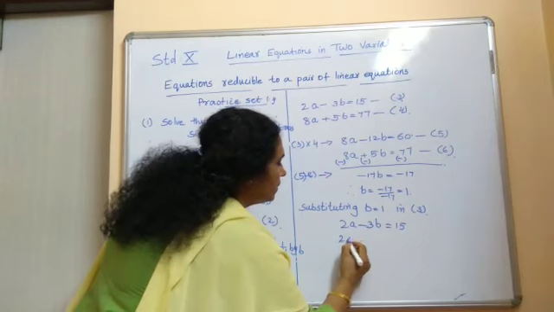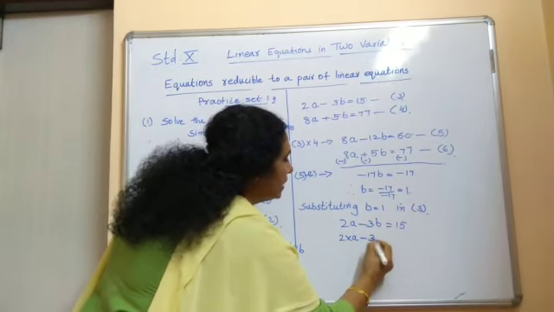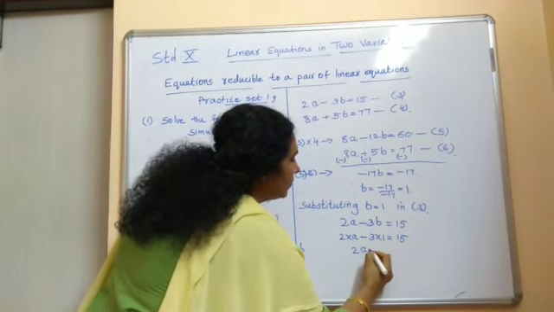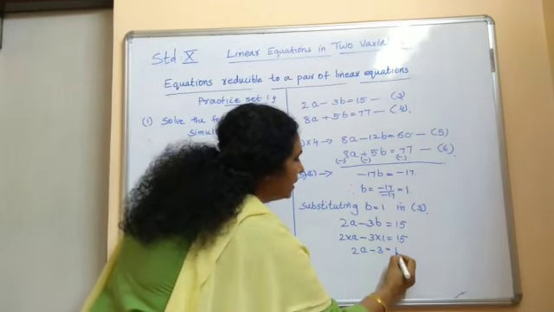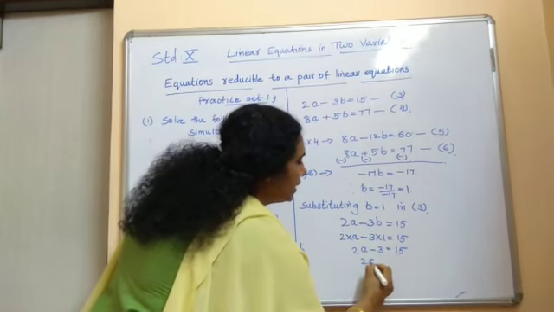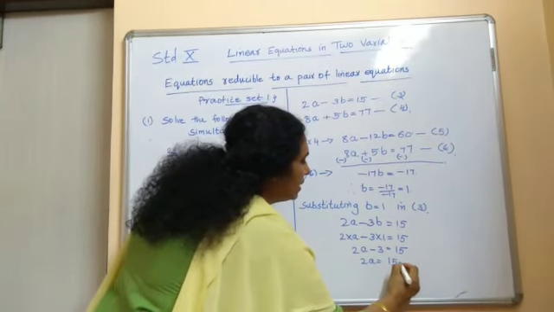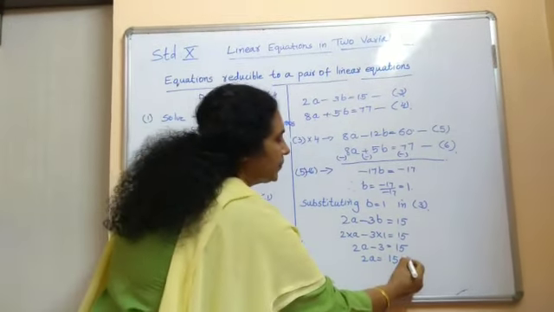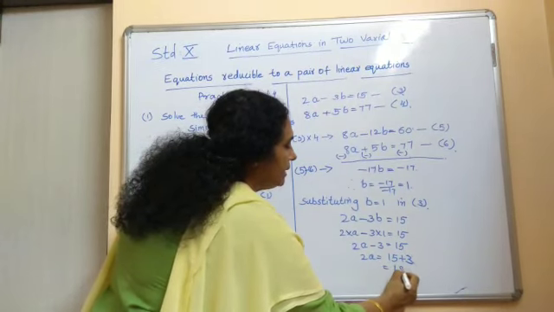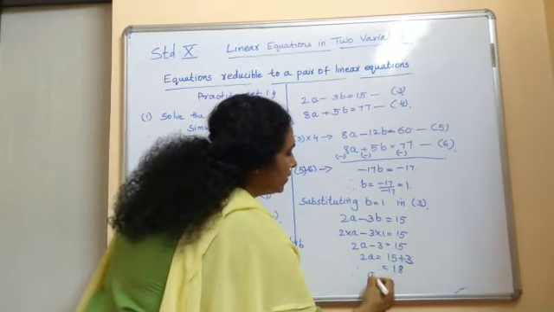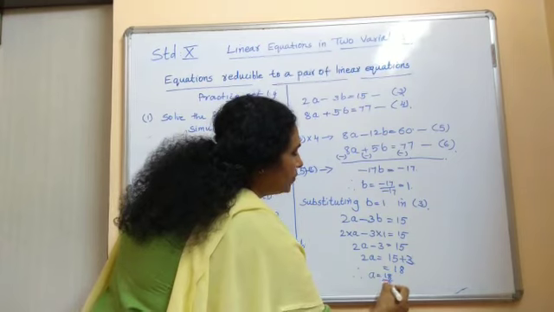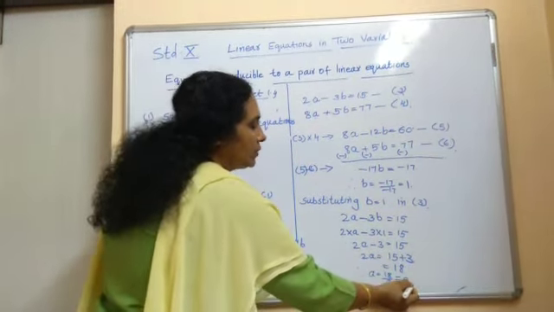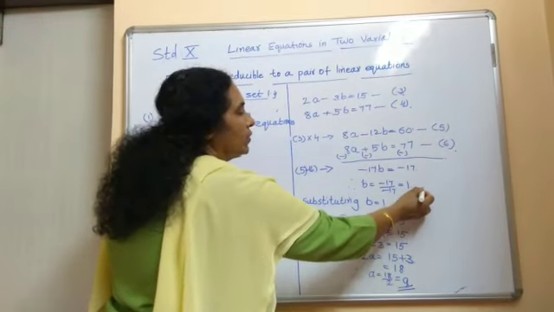So 2 into a minus 3 into 1 is equal to 15. That is 2a minus 3 is equal to 15. 2a is equal to 15 plus 3, is equal to 18. Therefore, a is equal to 18 upon 2 is equal to 9. So we got the values a is equal to 9 and b is equal to 1.